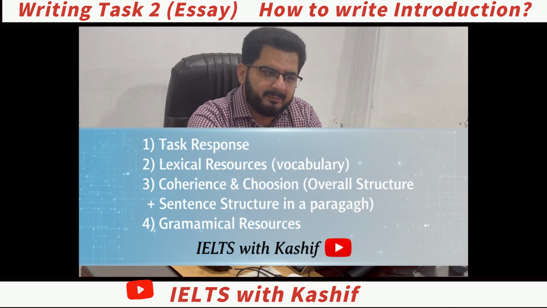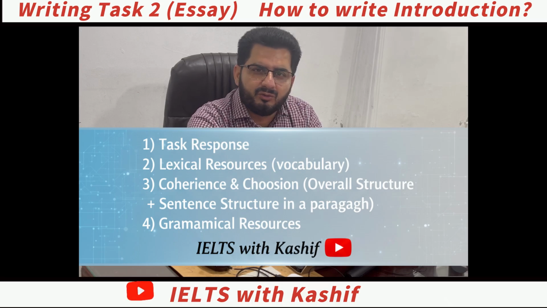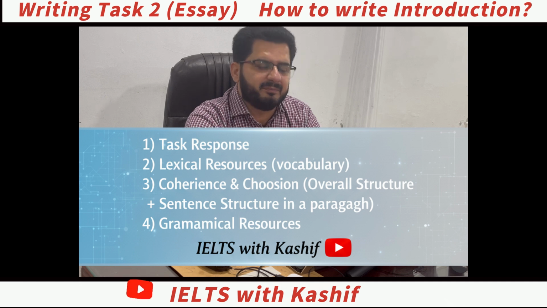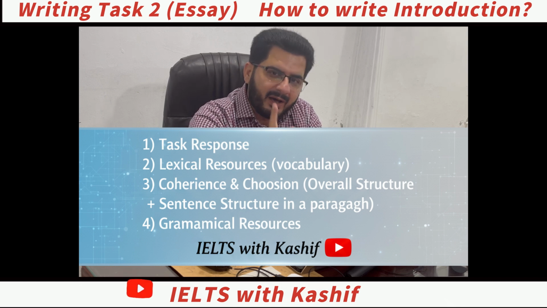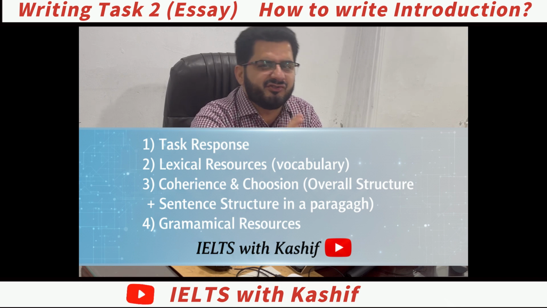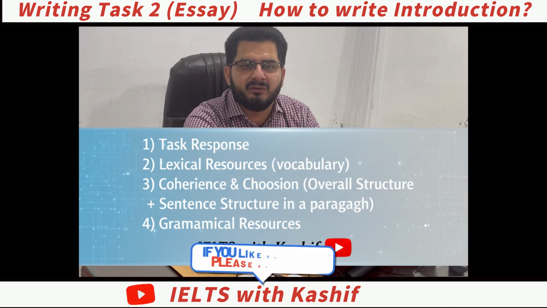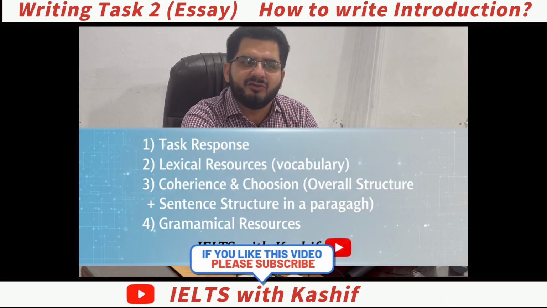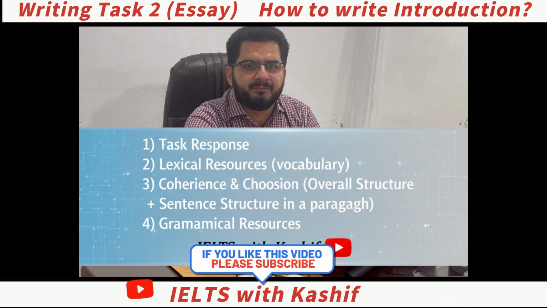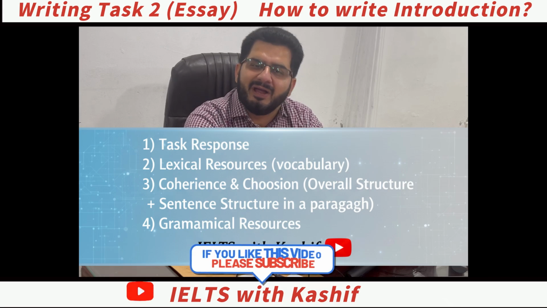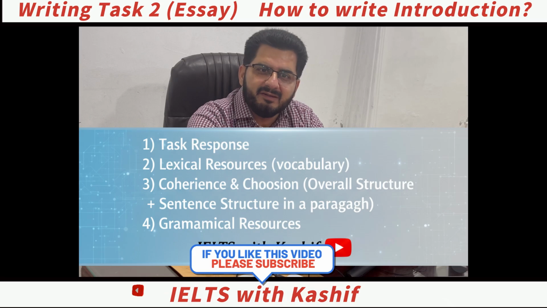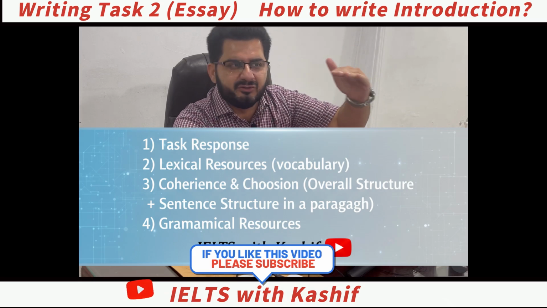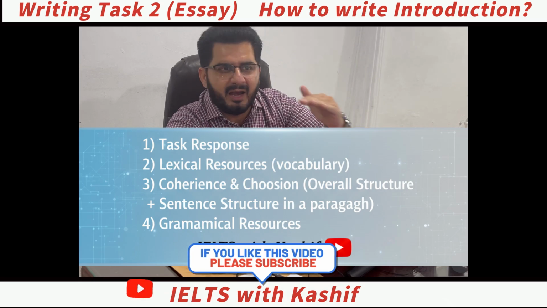The third thing is cohesion and coherence. Coherence is your body structure, your essay structure. Cohesion is your paragraph structure. What did I say? Coherence and cohesion. Coherence is your introduction, your body paragraph, and your conclusion.